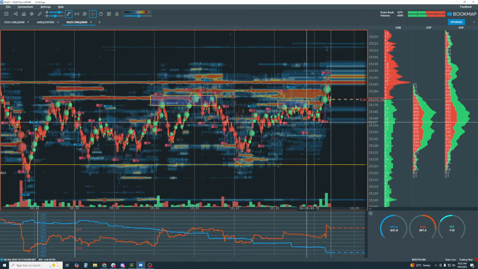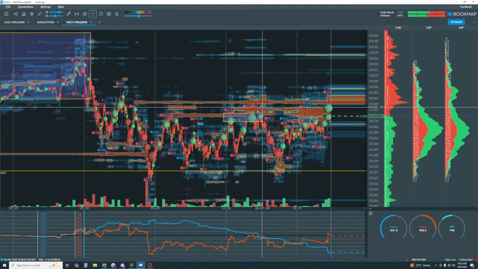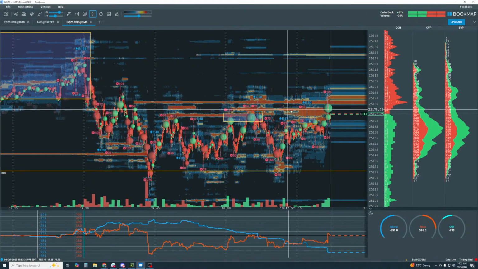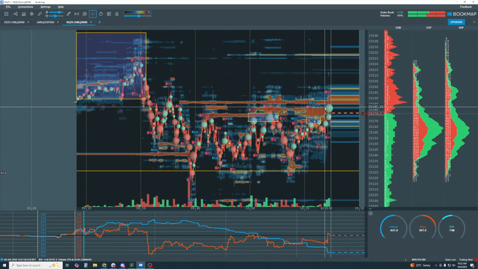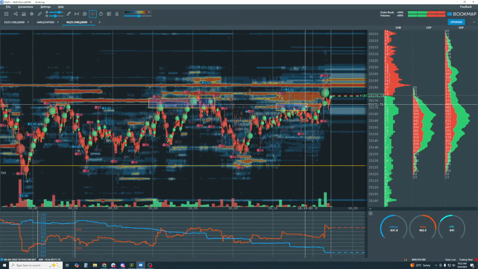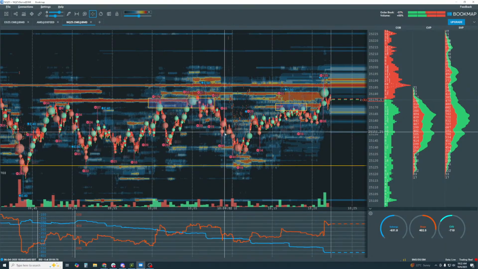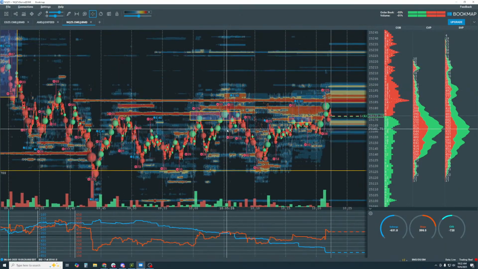So there seems to be more buyers up in these areas, and we see it again in here. And that's how we get this, I've been describing it as a cup and handle. It doesn't really matter. It just means that we have more and more buyers at these levels, as well as higher lows in here, typically.